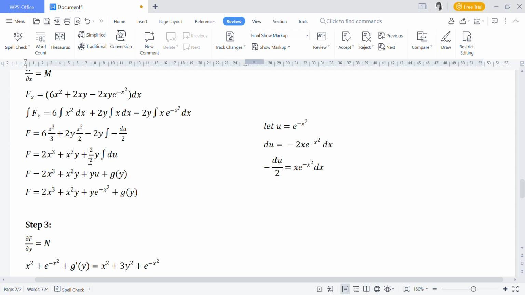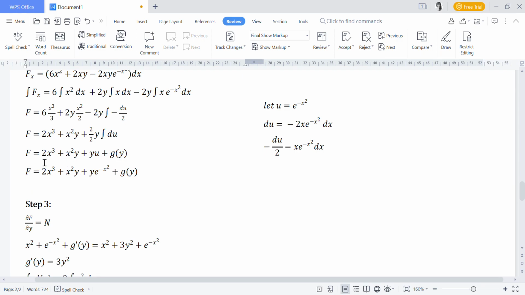So this negative 1 will become positive, so it will become 2 over 2 y, the integral of du. Now, 2x cubed plus x squared y plus y, cancel this out. Then the integral of du is simply u plus an unknown function.